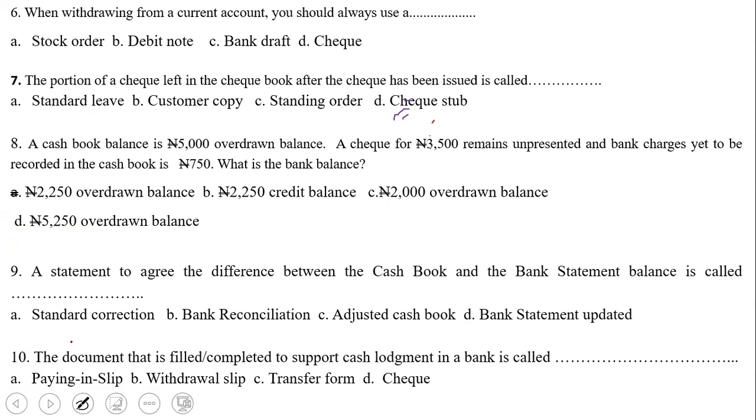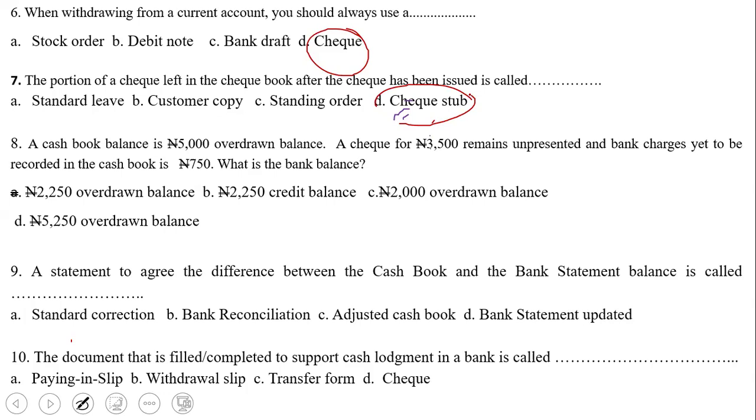Okay, let's move to the next one. Now, the portion of a check left in the checkbook after a check has been written is called a check stub. Then a checkbook balance is, now we'll need to pick our calculator.